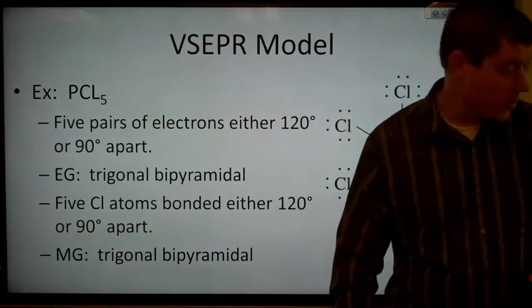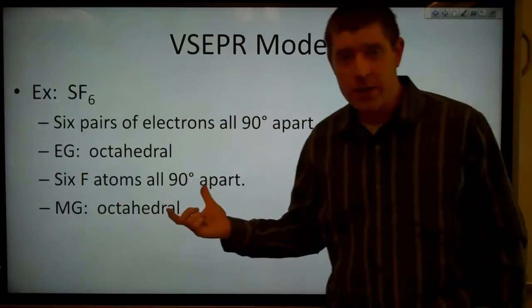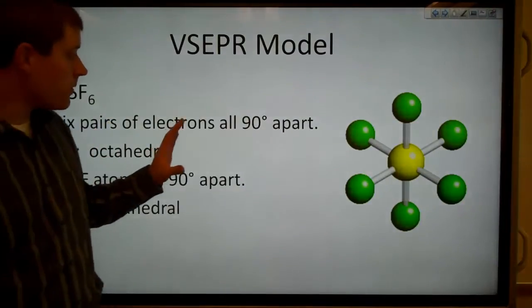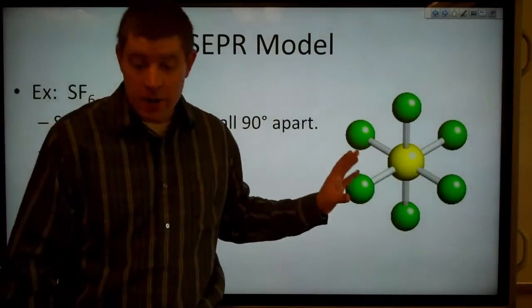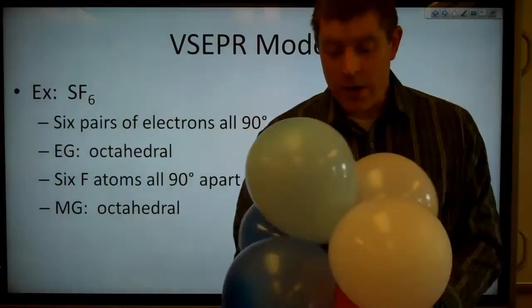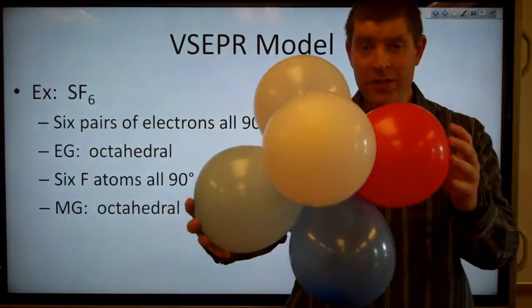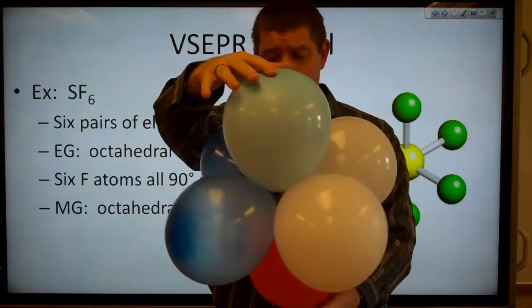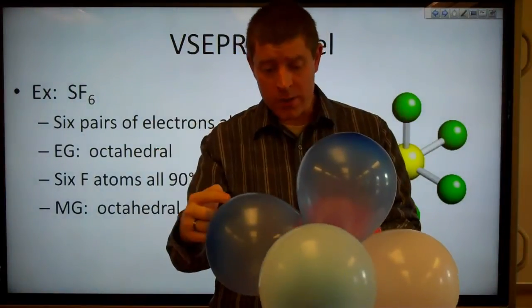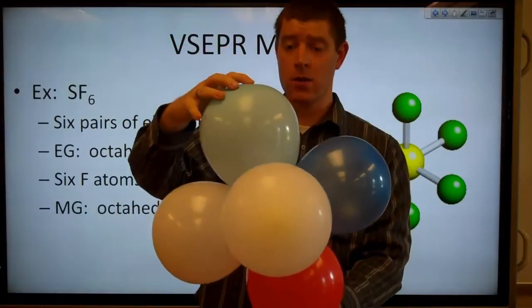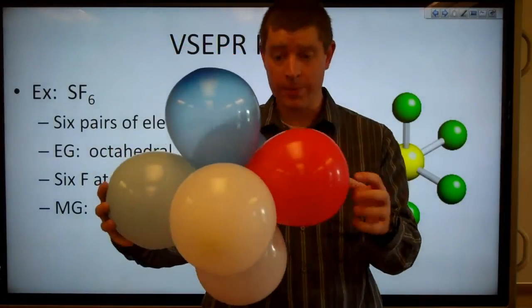So that's trigonal bipyramidal. Now let's look at the last electronic geometry that we have, which is with 6 regions of electron density. Now they're all 90 degrees apart. So now we have something that looks a bit like this. So now we have 6 balloons in there. We've got 2 of the dark blue ones, 2 of the white ones, a light blue one, and a red one.